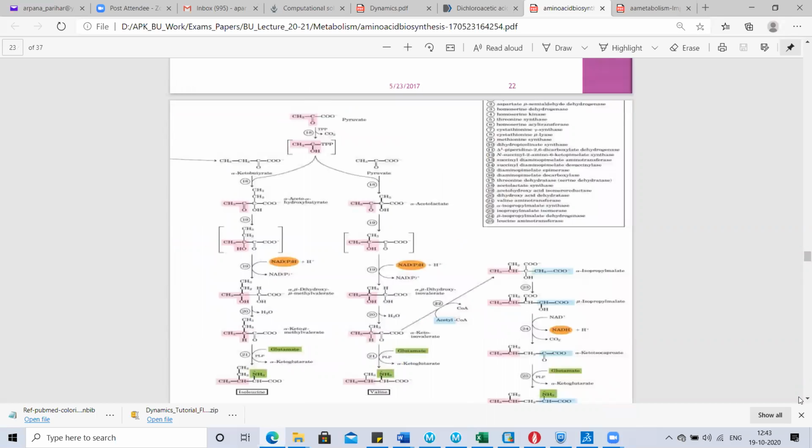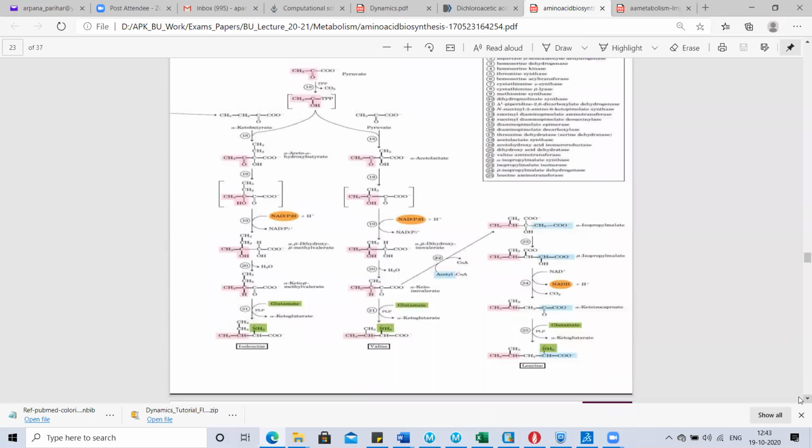Here pyruvate interacts with TPP, thiamine pyrophosphate, and forms an acetyl thiamine pyrophosphate unit, which interacts with alpha ketobutyrate and forms alpha acetohydroxybutyrate. This alpha acetohydroxybutyrate gets converted by subsequent reactions into isoleucine.